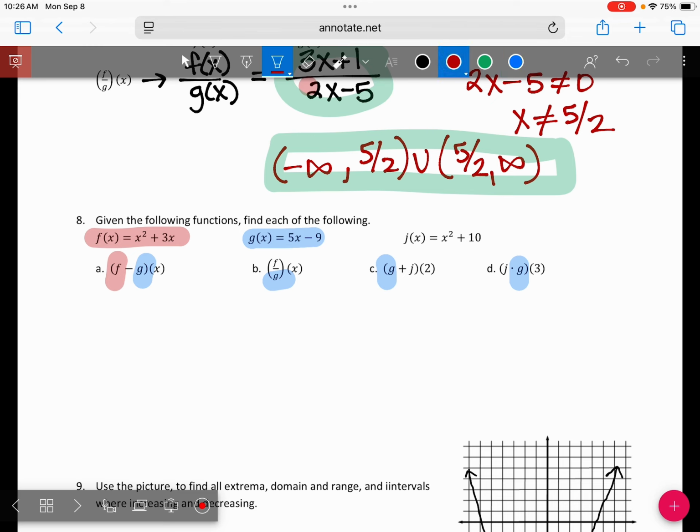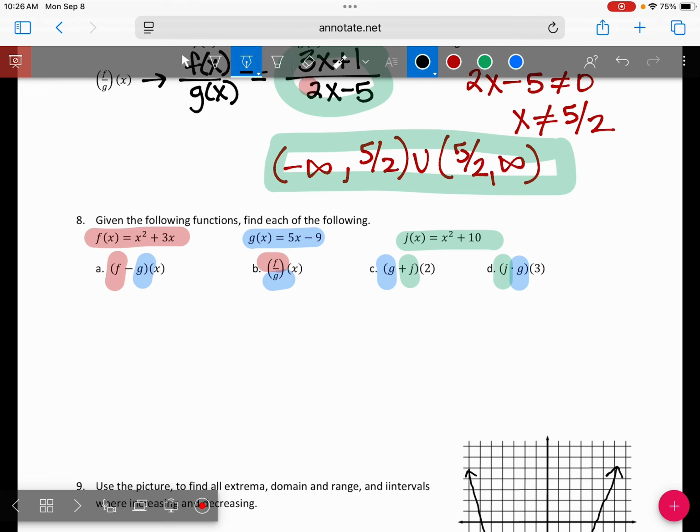I'm trying to highlight everything. Okay, so that's f. And then I have j. The first one is telling me to just subtract: take f minus g.